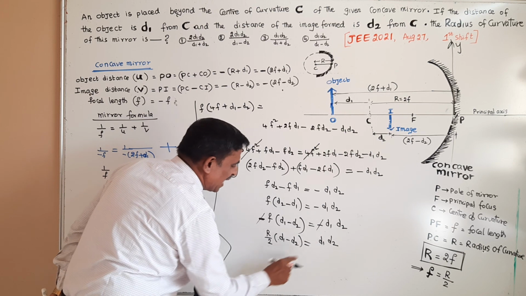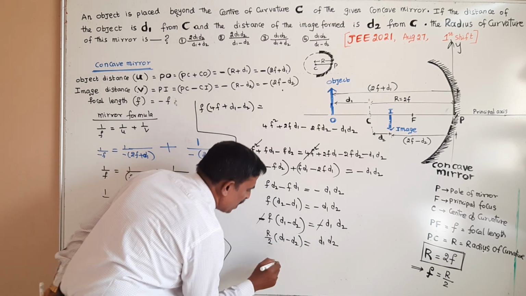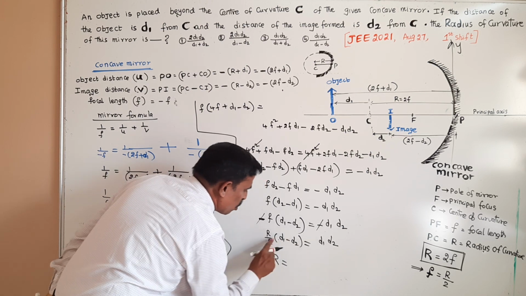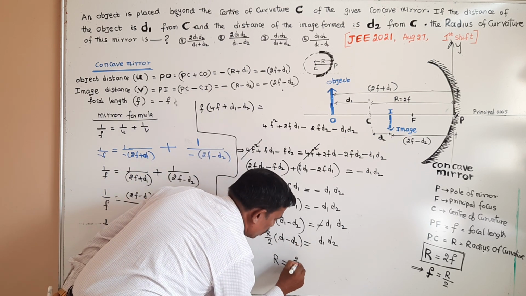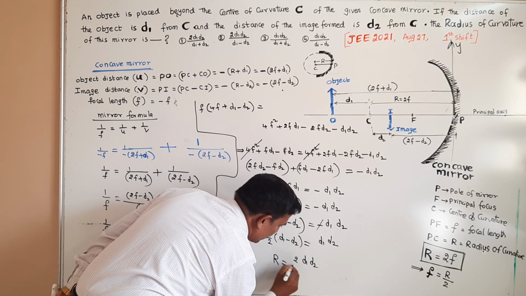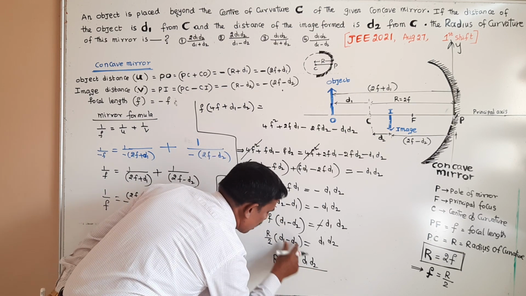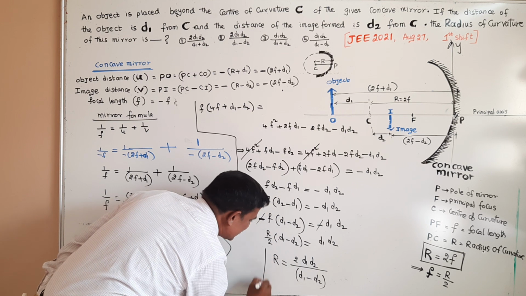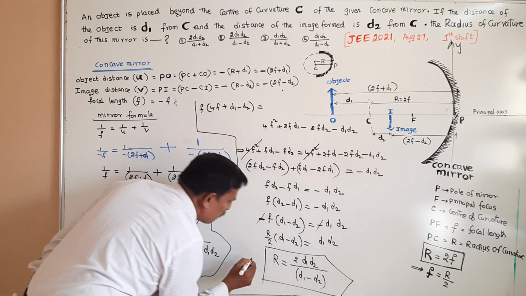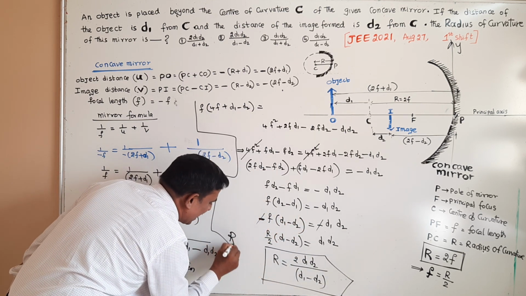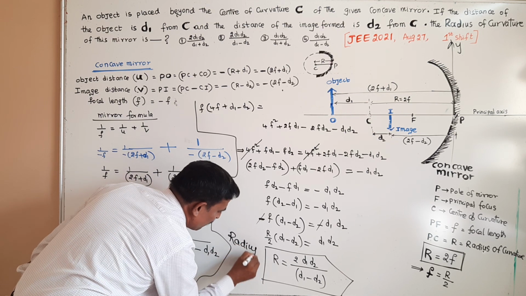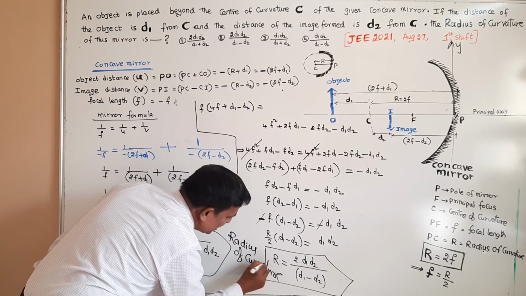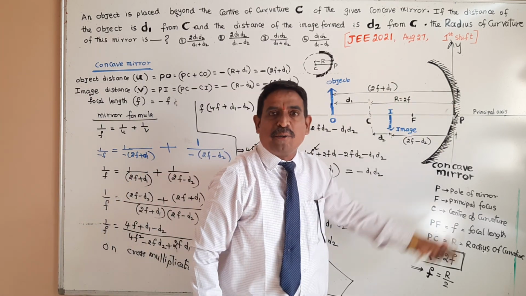The 2 comes to the numerator: R = 2 d1 d2 divided by (d1 minus d2). This is the formula for the radius of curvature of the concave mirror.